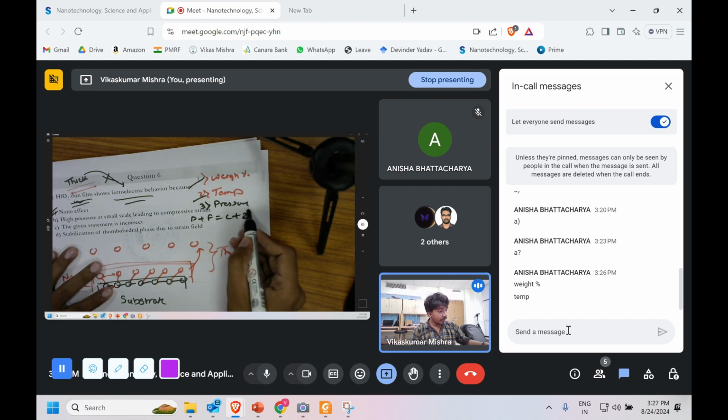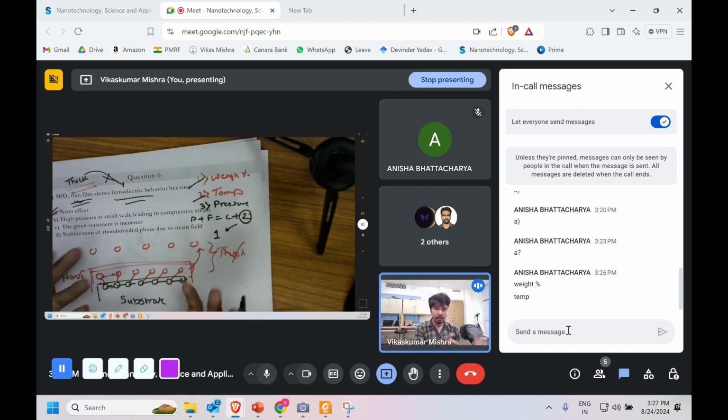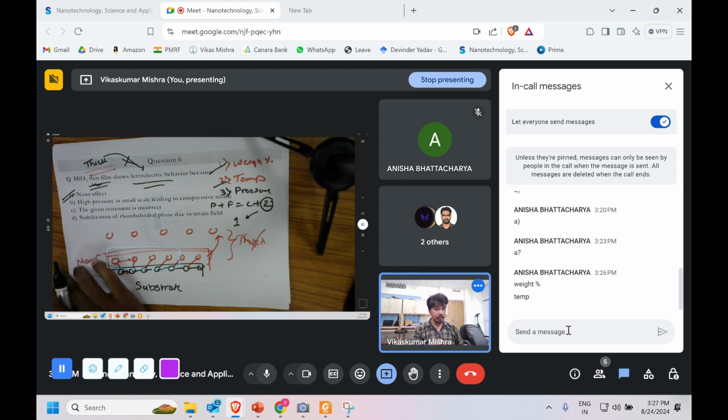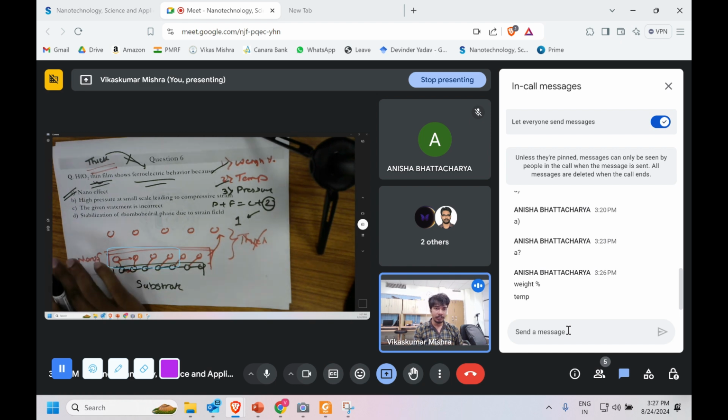We usually take this 2 and convert it to 1 because we say that pressure is fixed. Whenever we are studying any thermodynamics or phase transformation in any book, they have assumed the pressure to be atmospheric pressure, they are not changing it.